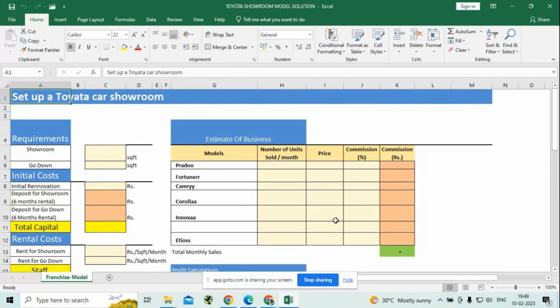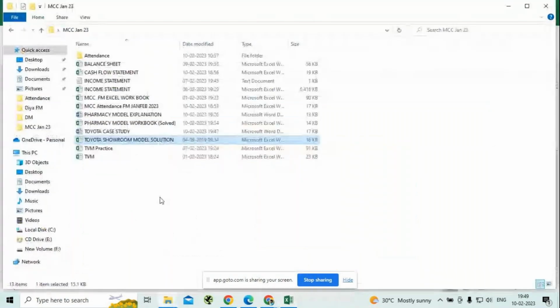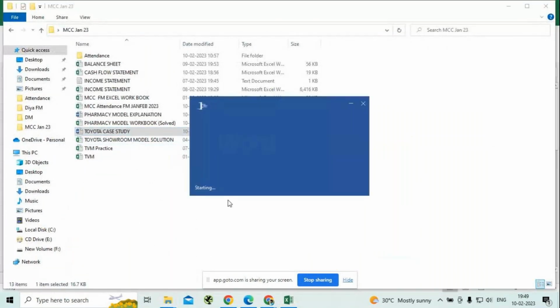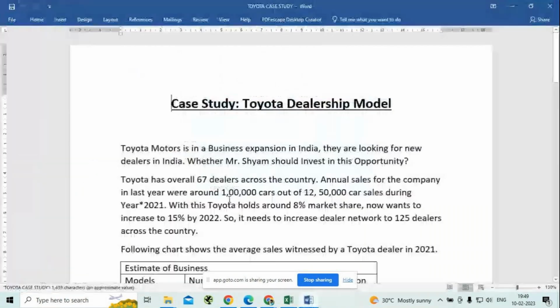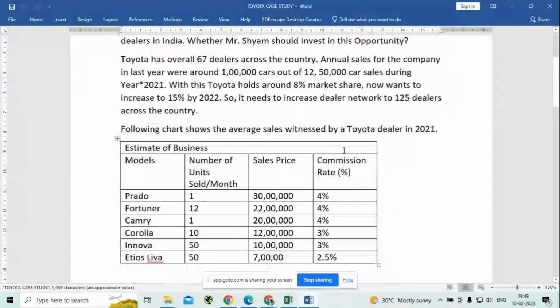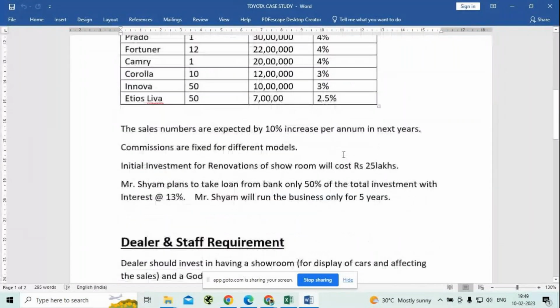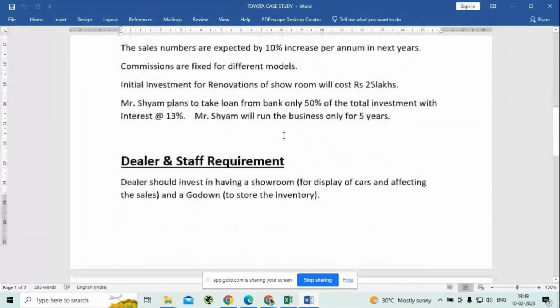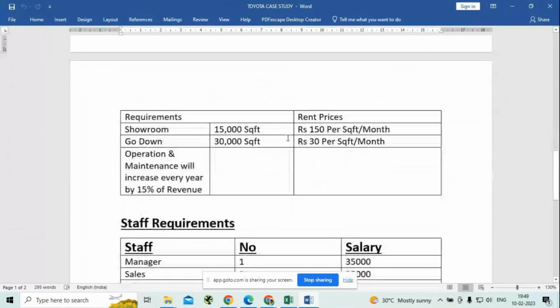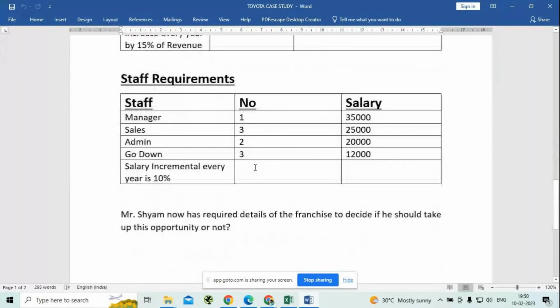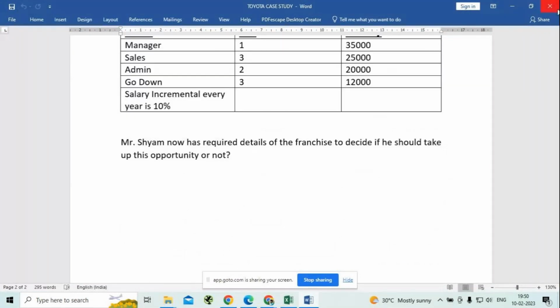So it is in a very simple way. So you can read the case study, and the values are also given over here. The only thing is you should know where to add these values and how to calculate it.